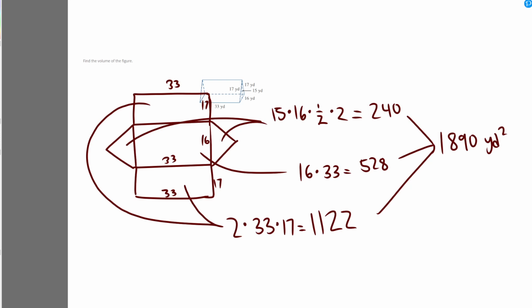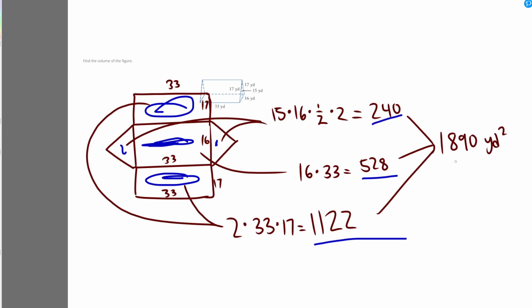That will give you 1,122. This base is 16 times 33, which will give you 528. These two triangles are 15 times 16 times 1/2, and then you times that by 2 because there are two triangles, which will give you 240. And then you add them all together to get 1,890 yards squared.